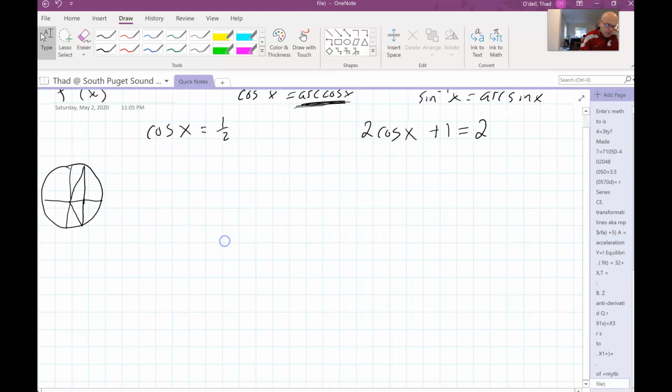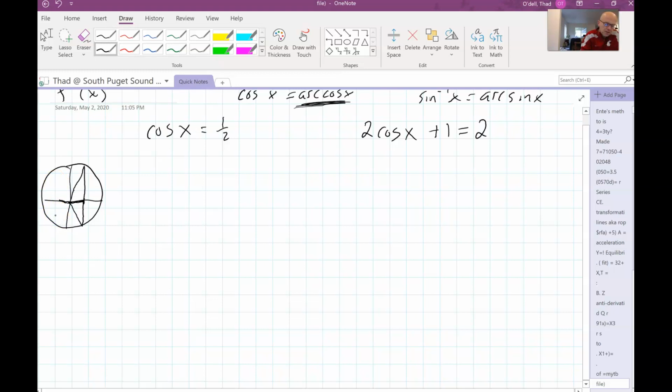Because we know in this case, the x value is 1/2. So both of these angles would give us a cosine value of 1/2. You might also think of these angles, but you wouldn't use them because those give us a cosine value of negative 1/2. Okay, so this is the picture that should come to mind.